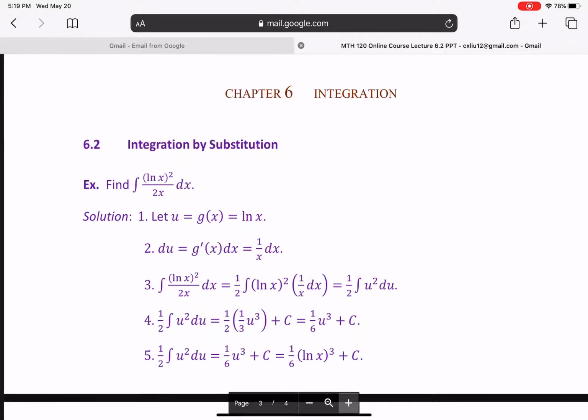And then we just integrate this new integral to get 1/2 times 1/3 u cubed plus c by using the power rule in step 4. And that's just 1 over 6 u cubed plus c. In step 5, we just rewrite the result in terms of x. We got 1 over 6 (ln x) cubed plus c.